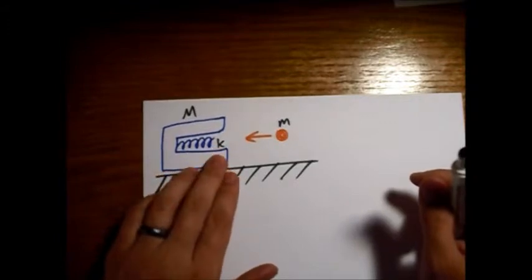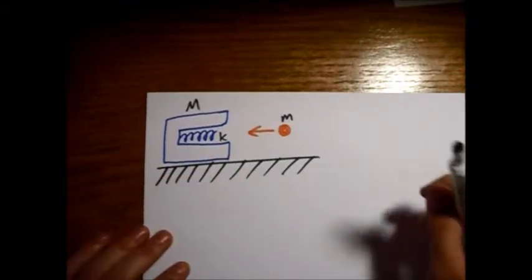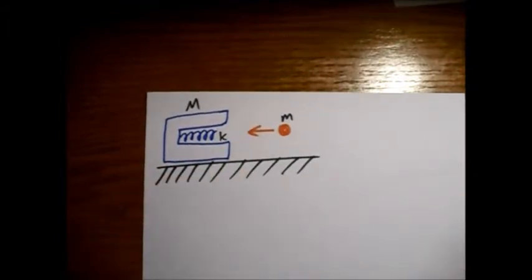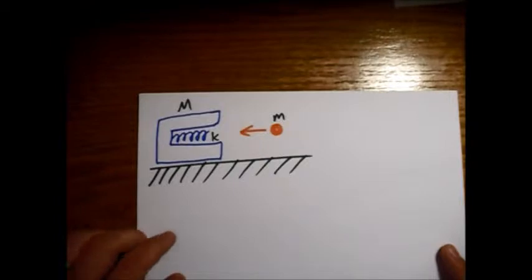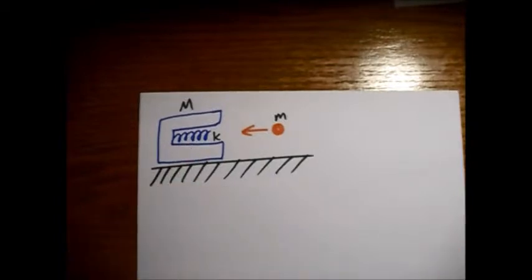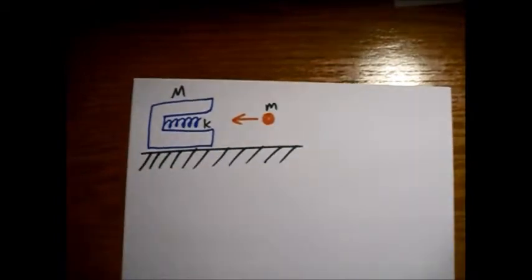So the spring has a spring constant K, and what we're looking for is the maximum compression of the spring.